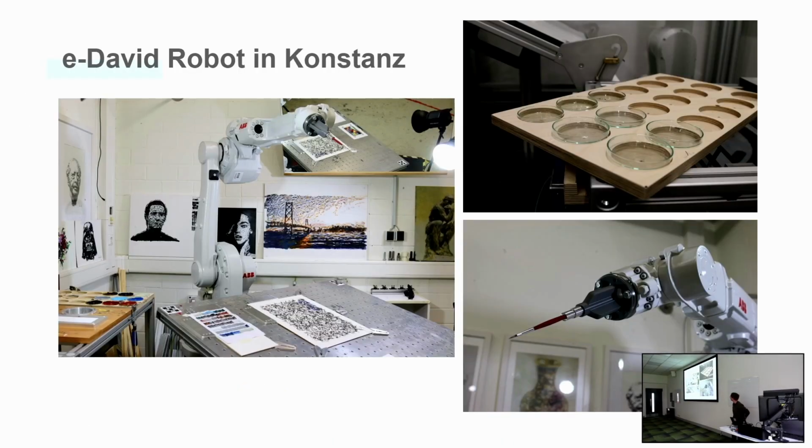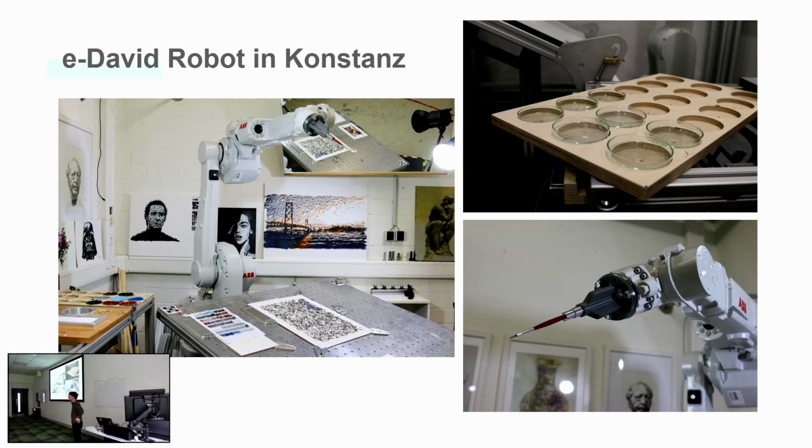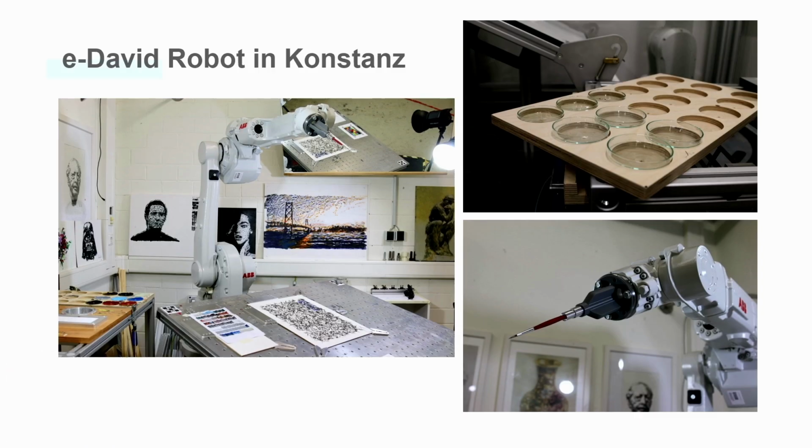Okay, so this is the machine that we have in our atelier, in our robotics lab in Constance. I think some of you might be familiar with how Oliver and PhDs that came before me coined the whole system, the David robot that we have. This is one of the now 3 models that we use.